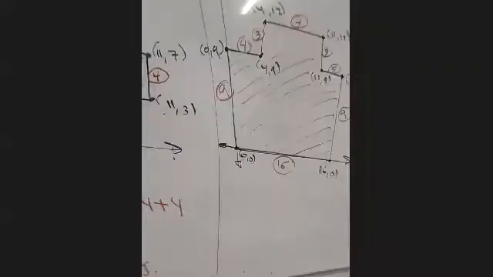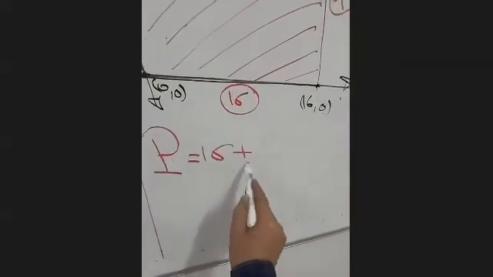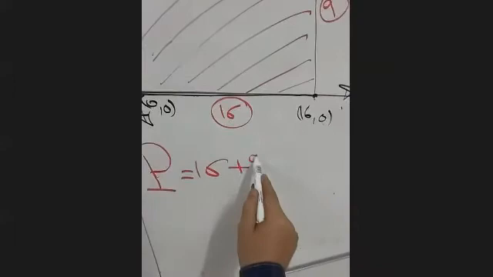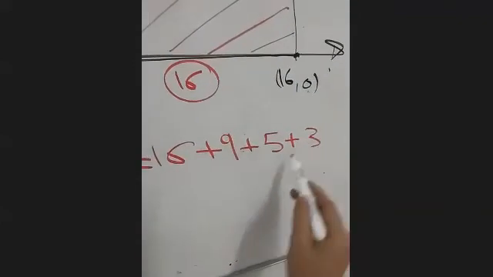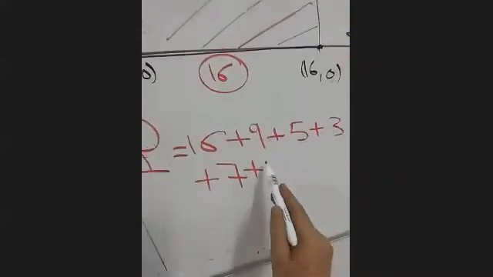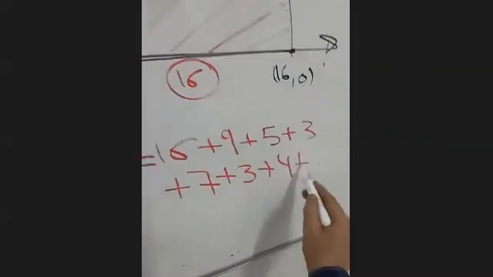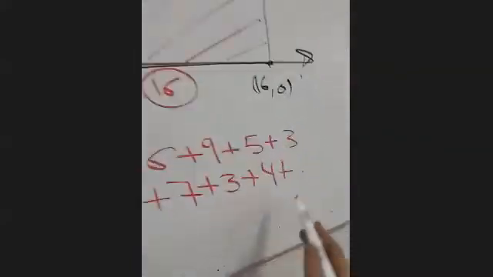We are ready to find what? The perimeter. We started from here: 16 plus 9 plus 5 plus 3 plus 7 plus 3 plus 4 plus 9.